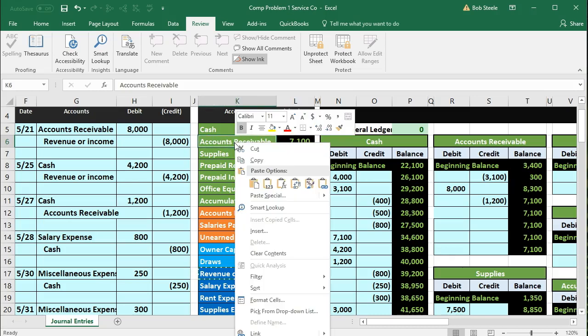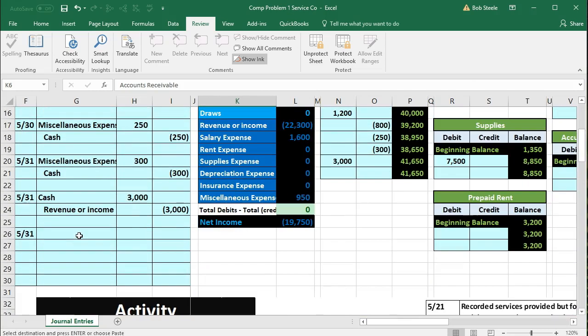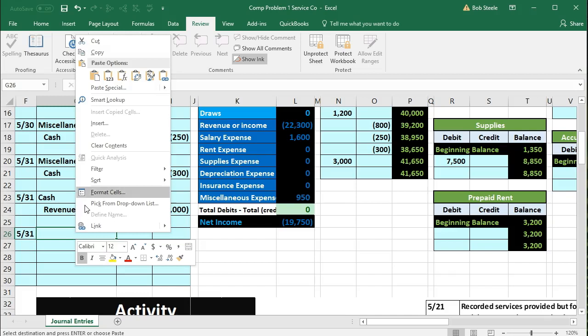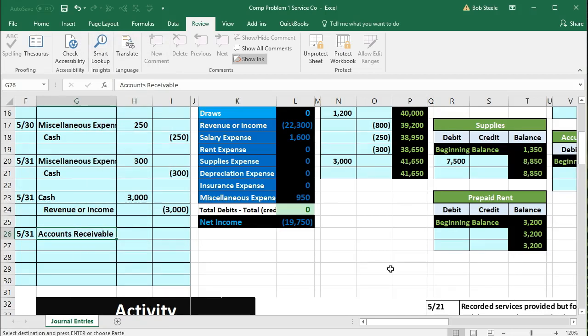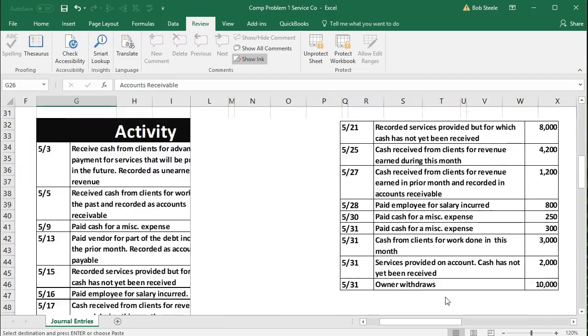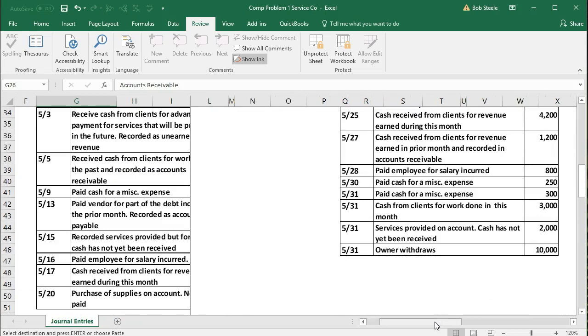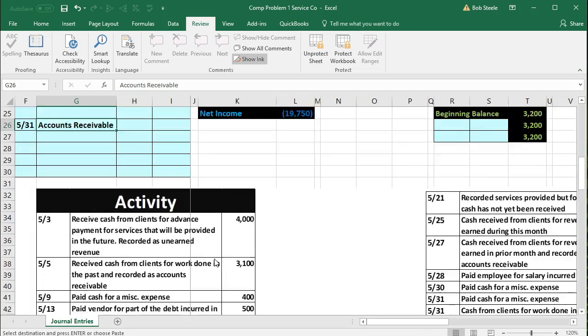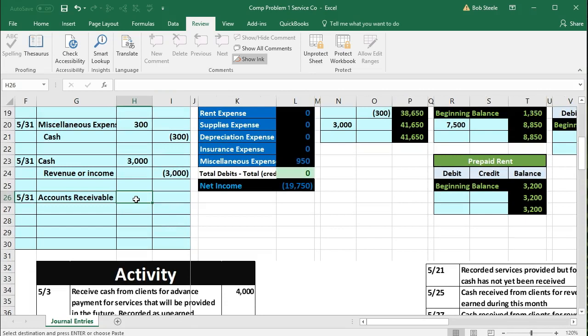So we'll copy K6, the accounts receivable, scroll down, that's going to be put on top in G26, right click, and paste 1, 2, 3. The amount then will be, if we scroll back over, $2,000. So it's going to be 2,000 in H26, $2,000.